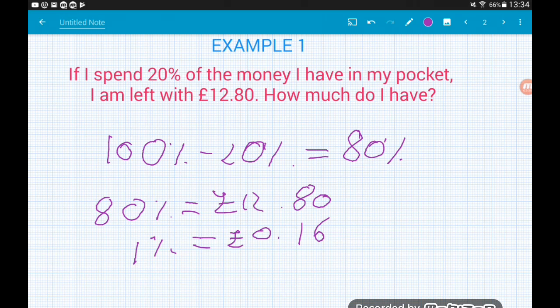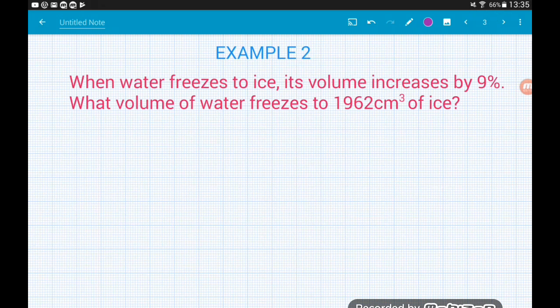That tells me that 1% of my original amount of money in my pocket is 16p. Now to turn that 1% into 100%, we multiply both sides by 100, so 100% is equal to 0.16 times 100, which gives me £16. So the original amount of money, 100% of the money I had in my pocket, is £16. Cracking. Let's look at another example.